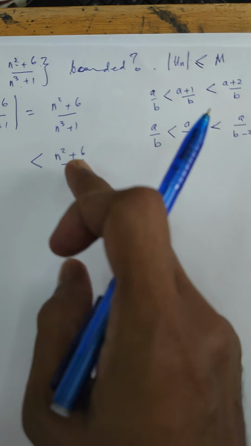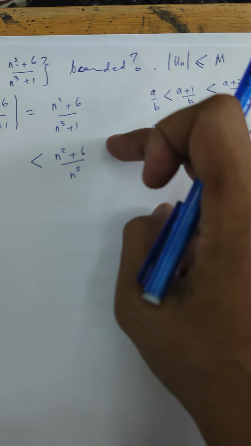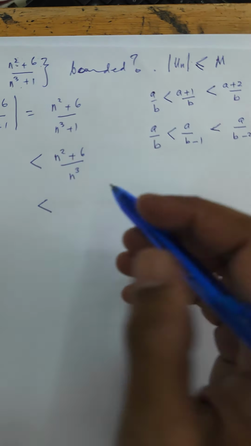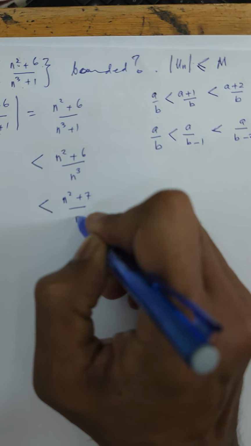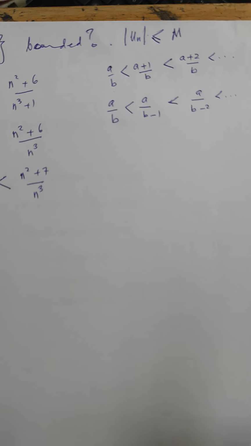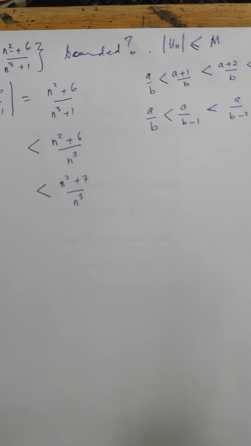Now I can again increase the numerator, so I have n squared plus 7 over n cubed. This is true. Correct? It is logically correct, so it means mathematically it is correct. Mathematics is easy, right? As long as you can think it through logically, then it's correct.